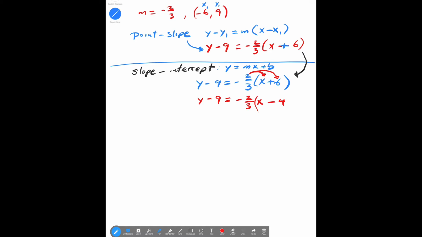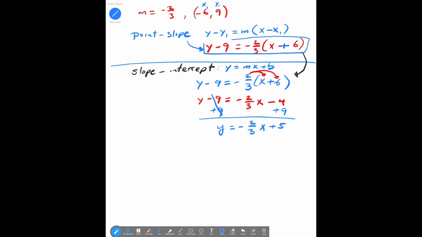All right, there are no more parentheses. Now we are still not where we want to be. We need y by itself, so we need to get rid of that 9 by adding 9 on that side. So y equals negative 2 over 3 x plus 5. So that right there is your slope intercept form.